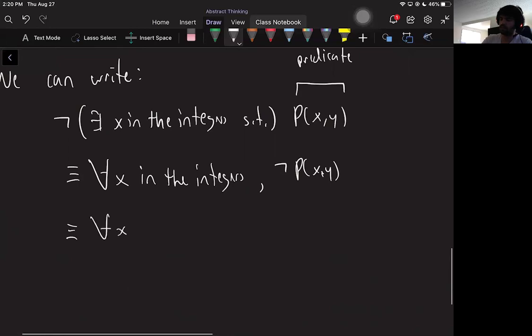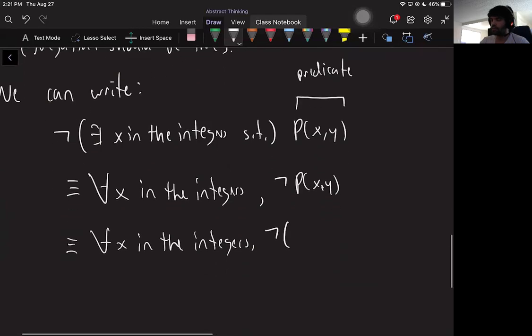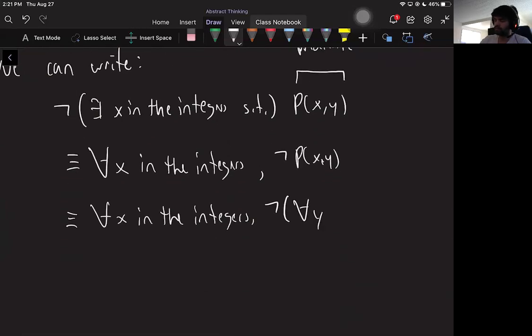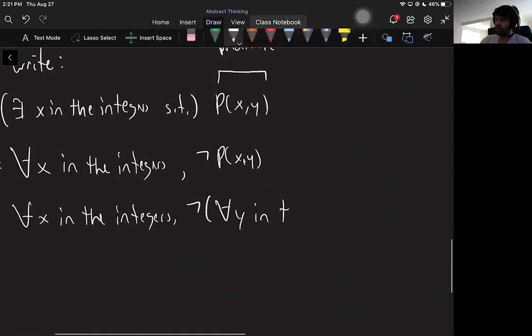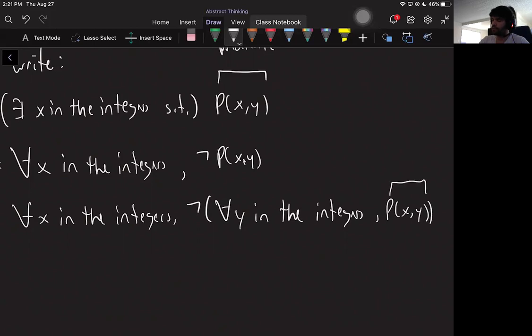So for any x in the integers, and then a pattern will be established. Negate, what was it, for all y in the integers, p of x comma y, where this p of x comma y is different. It's just x plus y equals 0. So I probably shouldn't call it the same thing. Let me just call it x plus y equals 0.